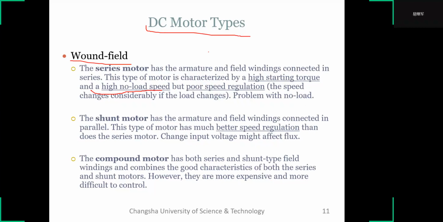The shunt motor has armature and field windings connected in parallel. This type of motor has much better speed regulation than the serial motor.